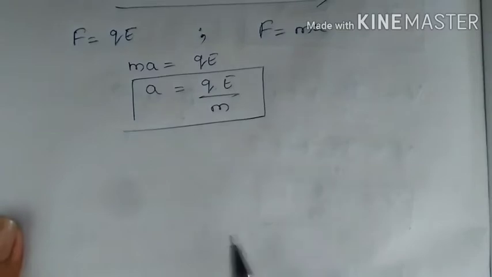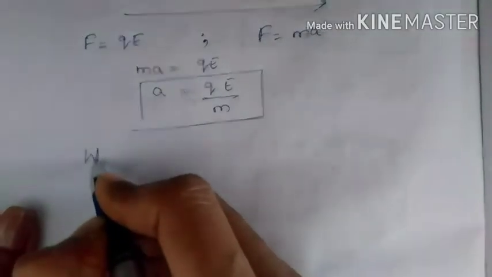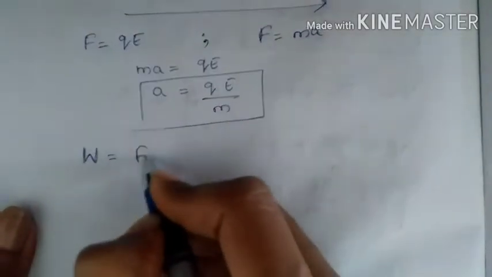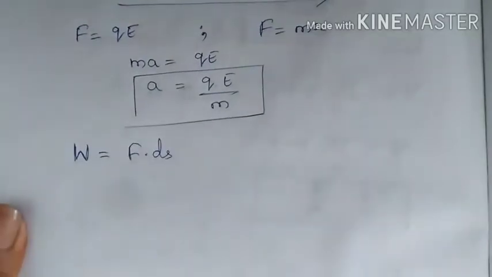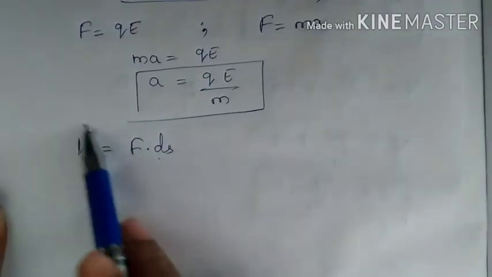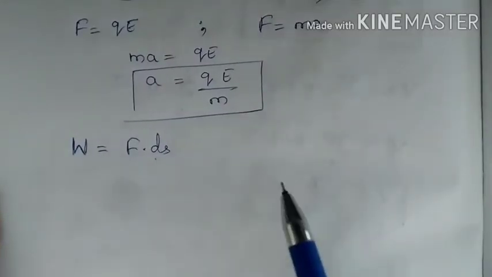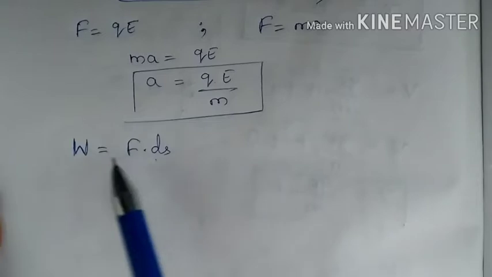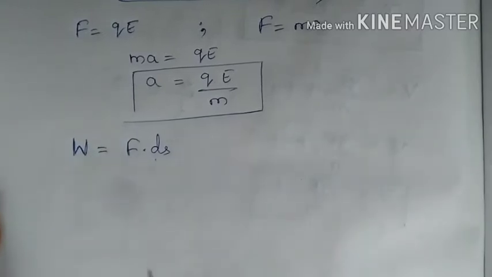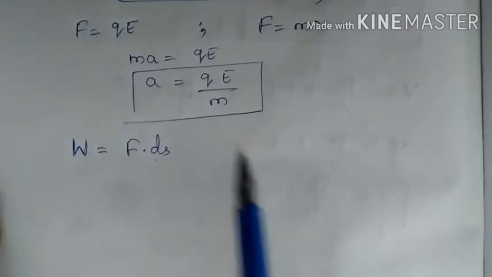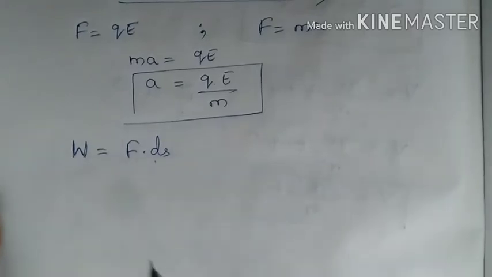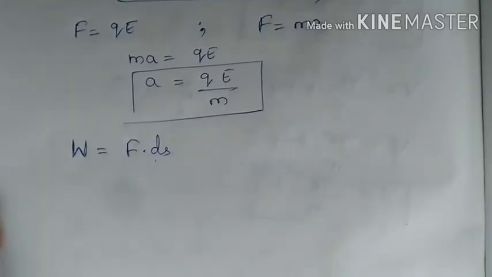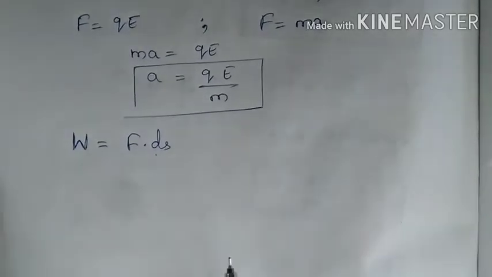We know that work done is equal to force into displacement. This is the work done formula, and the work done is dependent on initial and final positions, but it is independent of the path that is traced by the charged particle.